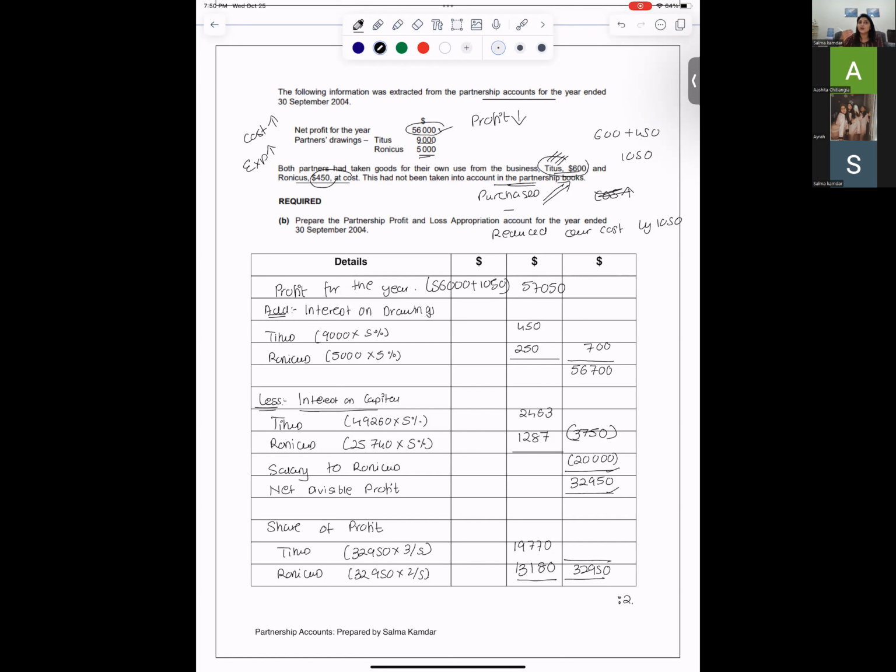That means the expenses were overstated and profit is understated. So now you will increase this profit by 1050. So these figures will change. This will become 57,750 and the profit will become 34,000 after deducting. Now do this 34,000 into 3/5 and 2/5.